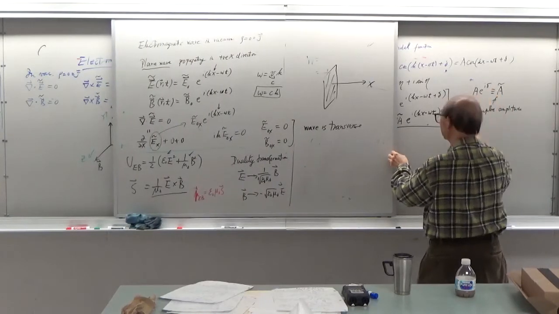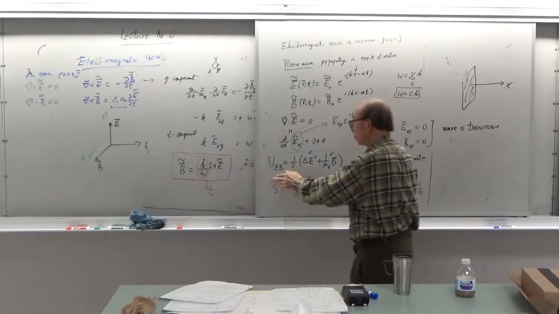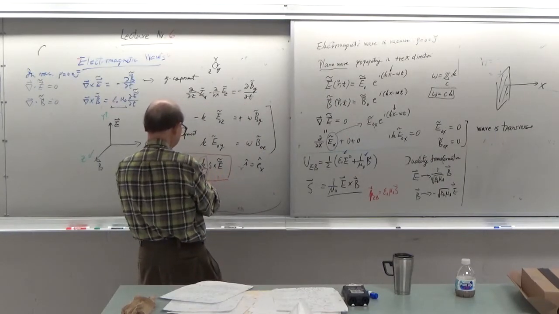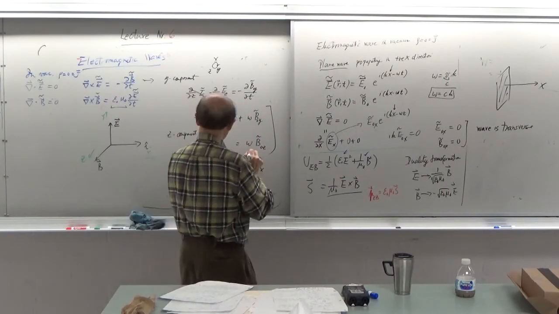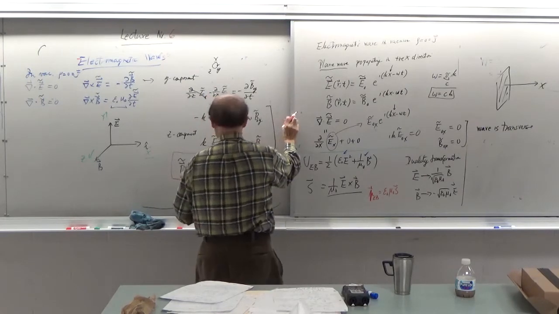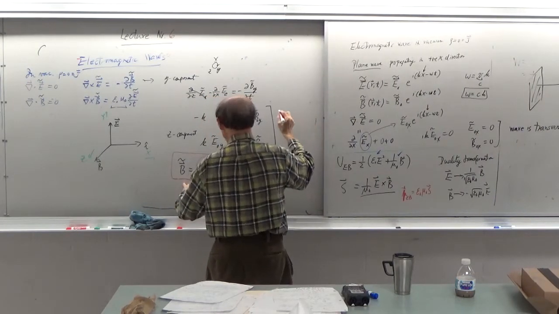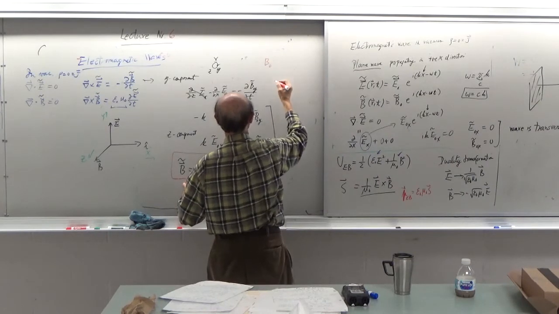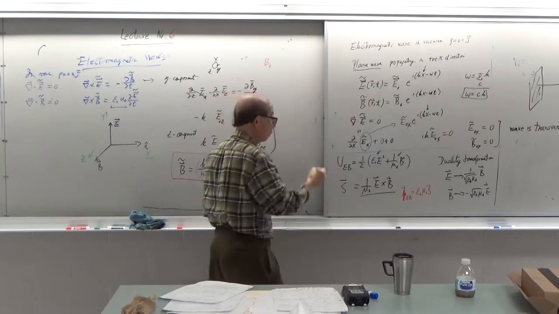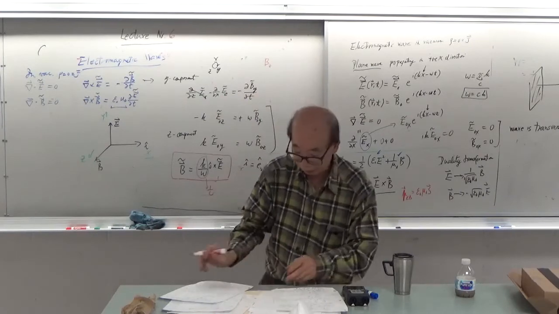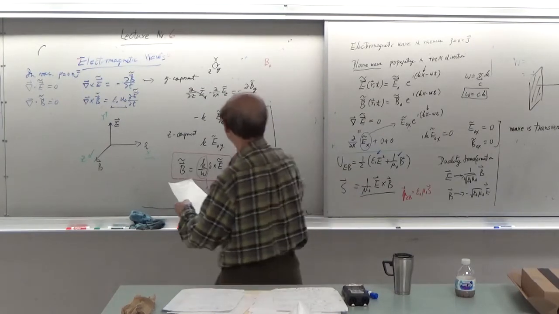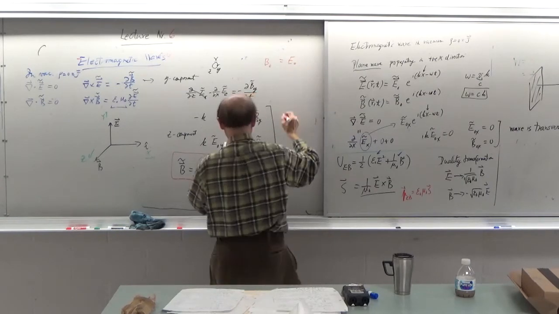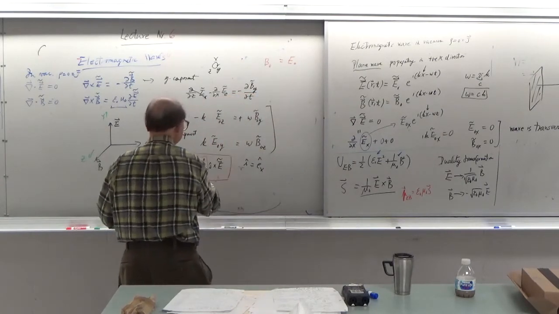So the two phases are the same in order for this to hold. Therefore the real amplitude for the B field is related to the amplitude for the E field by just this factor, 1 over c.